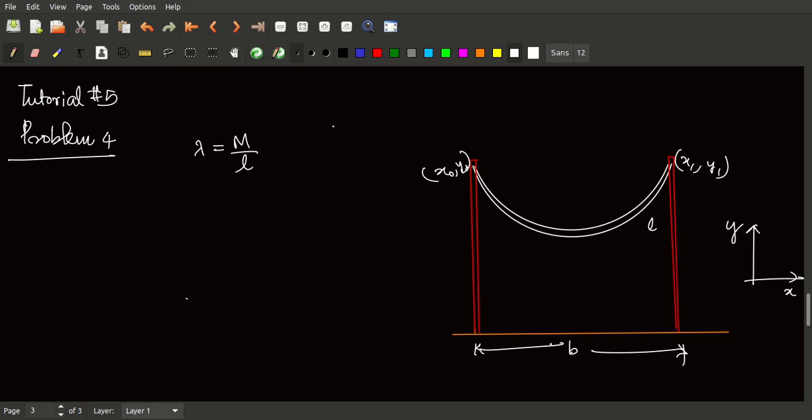This is also given. Now the question is, what shape does the rope make when it hangs under the influence of gravity? So there is gravity acting downwards. To find out what shape it will take, you should understand why every material takes different shapes when it is left alone, or when it rolls down to a different position, or if it is a liquid, it flows to a downward position.